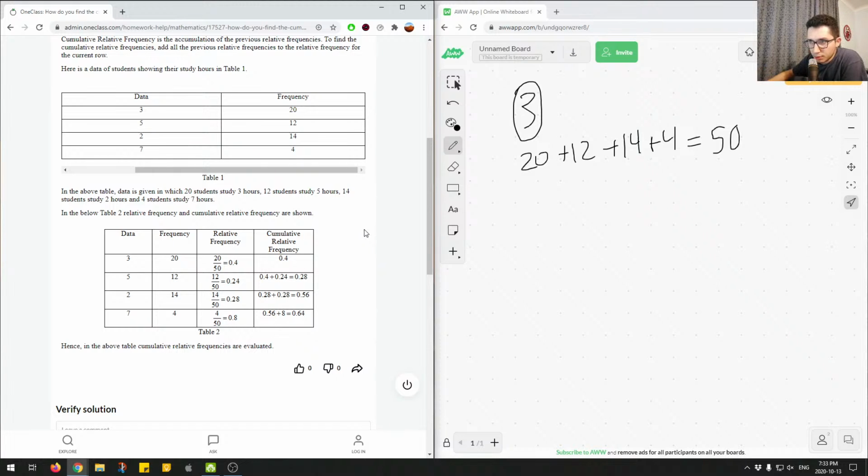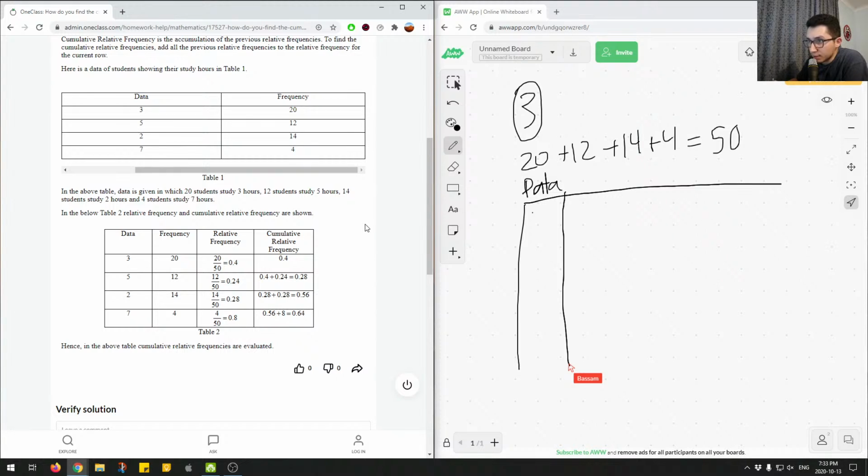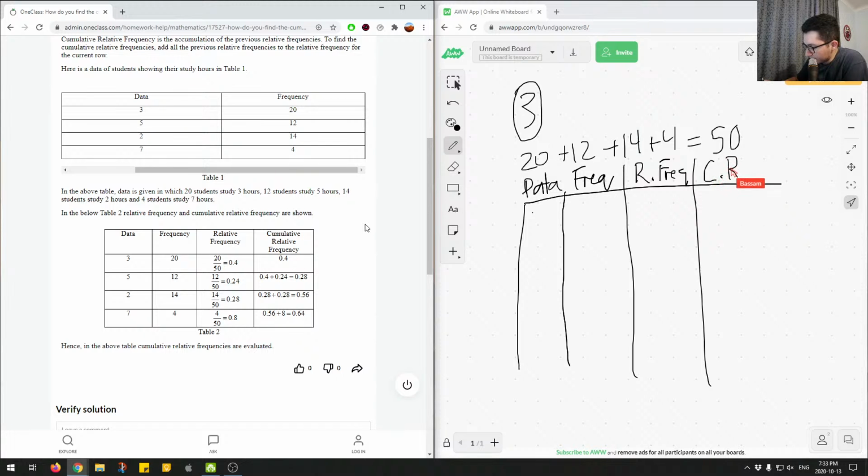So let's run through this table doing the calculations just so you have a better grasp of what's going on. So we have for row 1, so we'll say data, and then we have frequency, and then we have relative frequency, and then we have cumulative relative frequency.